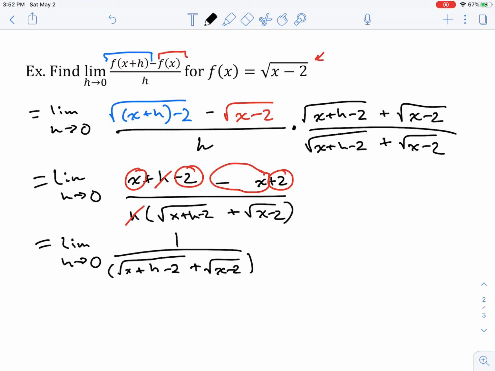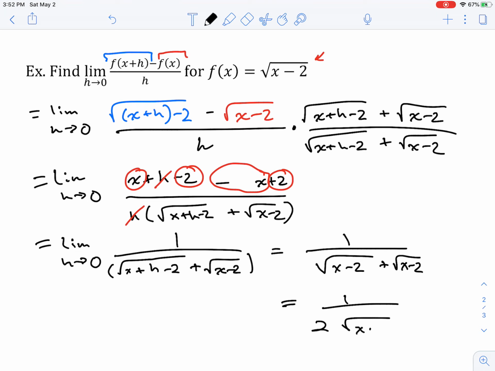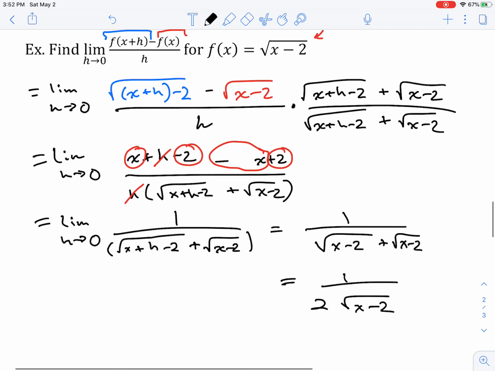So if we plug in 0 for h here, we're left with 1 over the square root of x minus 2 plus the square root of x minus 2. And if I just clean that up, that just gives me 1 over 2 times the square root of x minus 2. So again, here's the limit of this difference quotient.